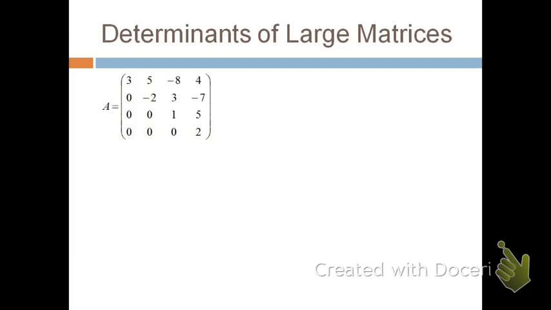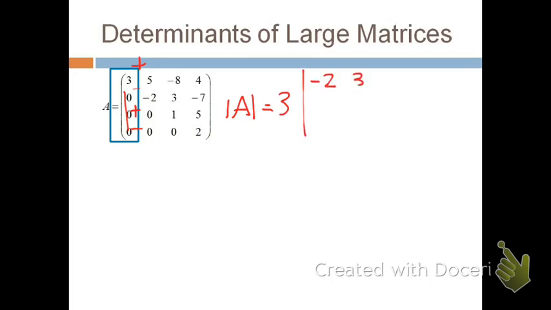Now let's look at this 4x4. It looks like it might be wise to use this first column. Looking at our cofactors, I know this first term will be plus, but all of the others are zeros, so it doesn't matter. The determinant of A would be 3 times the resulting matrix, which is -2, 3, -7, 0, 1, 5, 0, 0, 2. Now we can expand on the first row again.